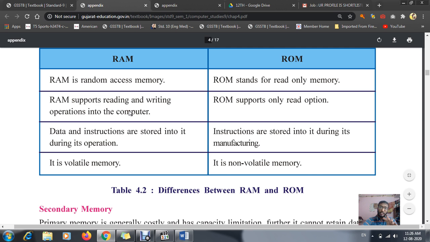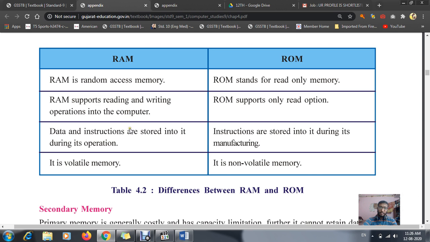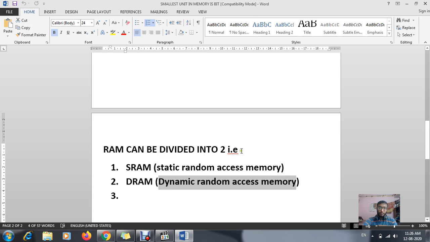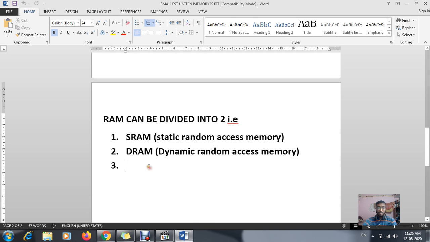That means in RAM you can type, which means we can change it. We can type as well as read. Both things can be done in RAM. Whereas in ROM we can just read it. We are not supposed to type anything. That means editing and clearing data is not done in ROM.